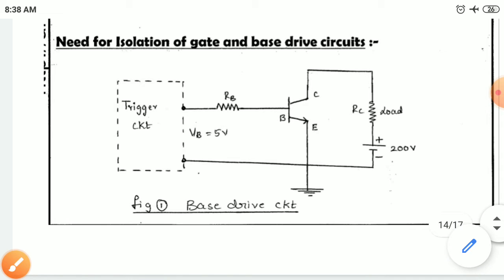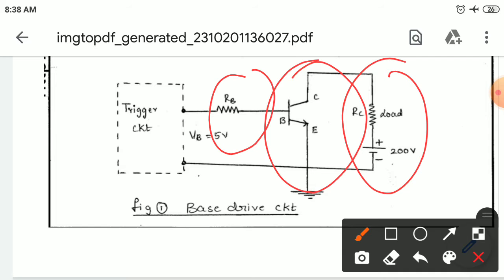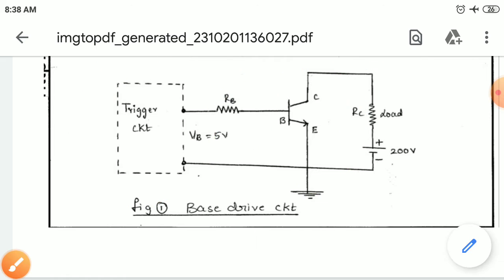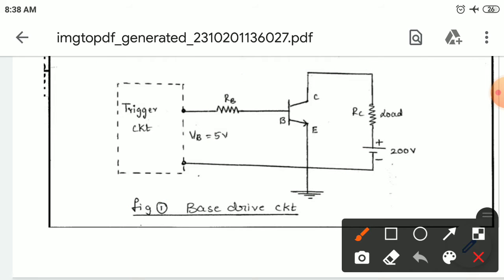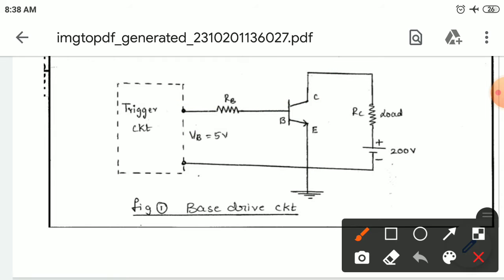You can see this is a BJT base drive circuit. This is a load and this is a resistance, and it is a triggering circuit. Isolation means that sometimes a fault occurs on the input side. If any fault occurs, then fault current starts flowing. If the fault current flows directly to your bipolar junction transistor, your transistor will burn out. That is why there is a separation between the BJT and the power circuit.